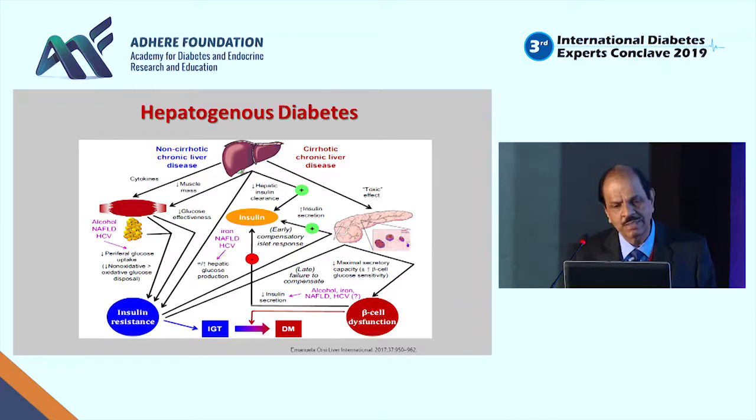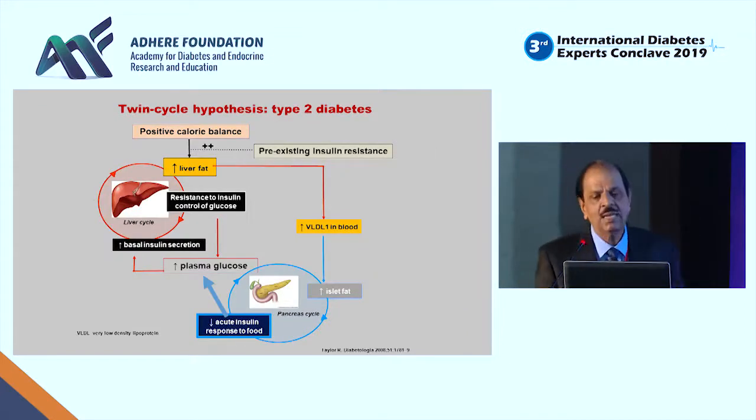Roy Taylor talked about the twin cycle hypothesis in type 2 diabetes. There is a positive calorie balance, which is there in most patients with pre-existing insulin resistance. So the hepatic fat increases, and that brings about insulin resistance in the liver, and therefore that causes increased plasma glucose and increased basal secretion of insulin.